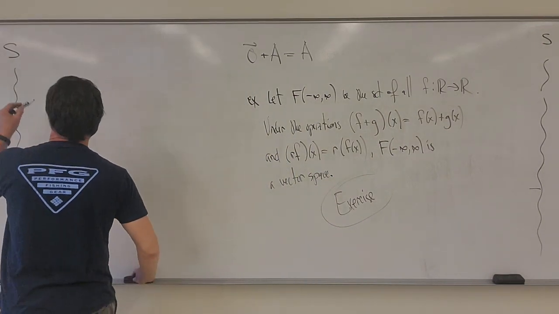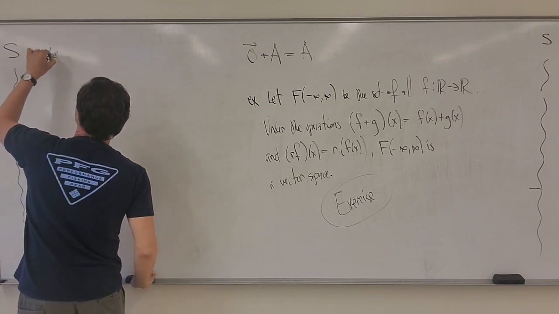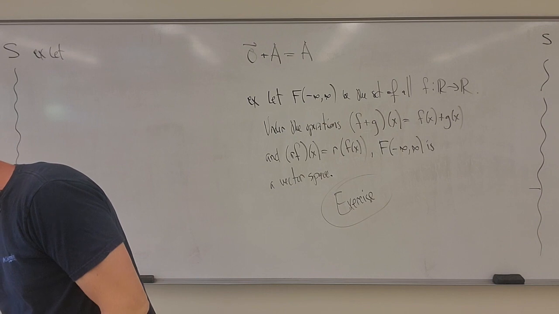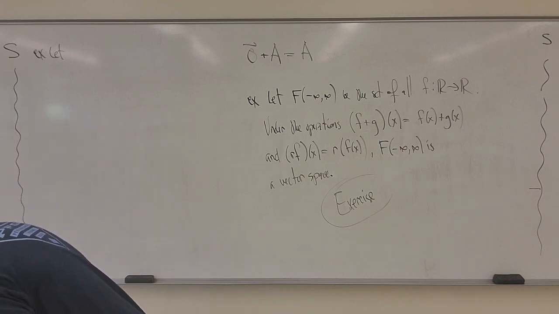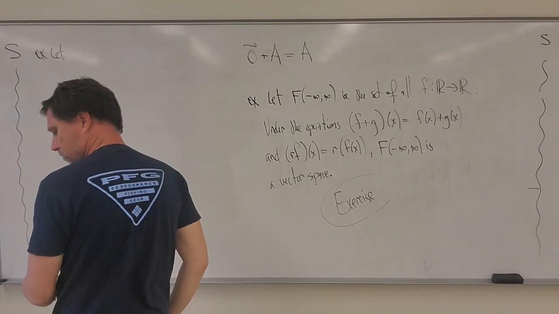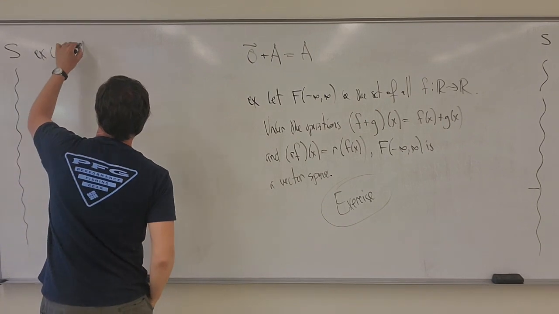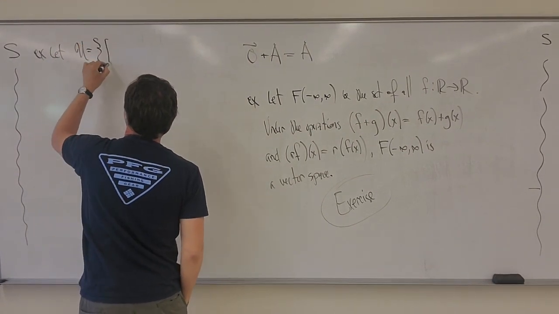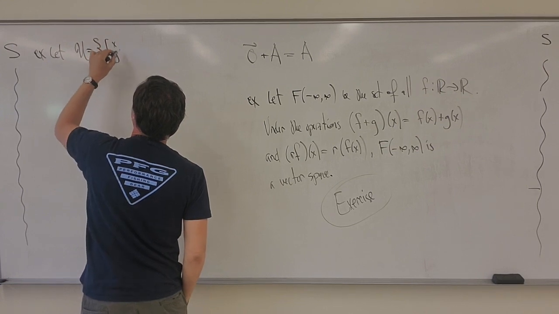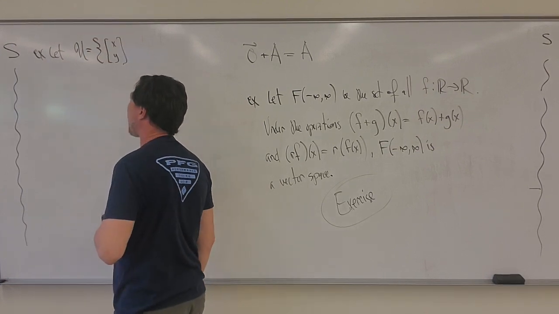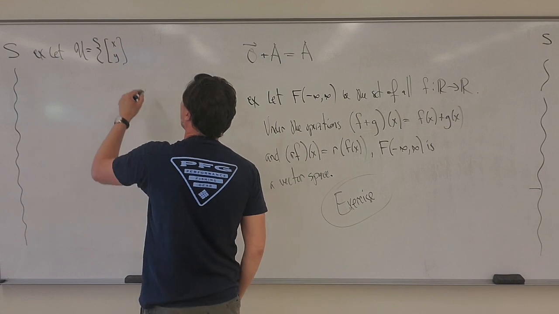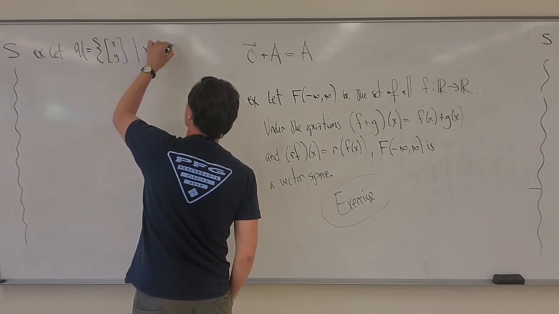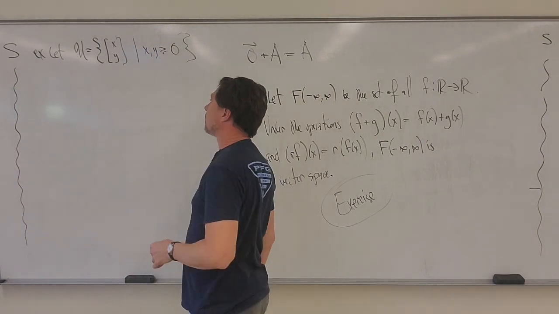Okay, next example. I'm going to call it U, capital U. Let U equal the set of all column vectors x, y, such that both x and y are greater than or equal to 0.